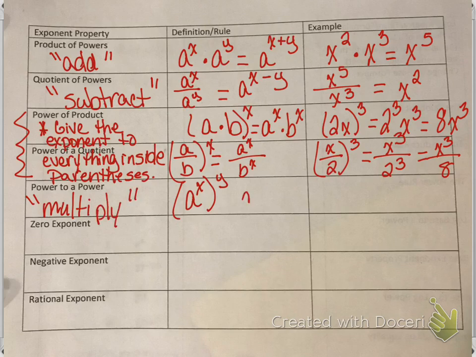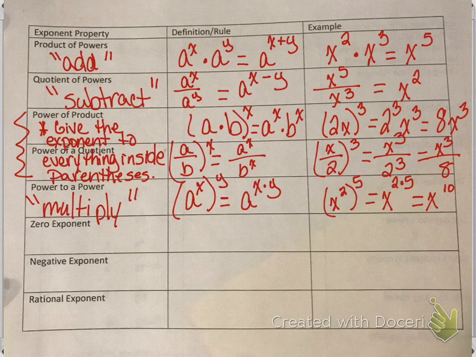So this is going to be a to the x times y. So if I have x squared raised to the 5th power, that's x raised to the 2 times 5, or x to the 10th. Okay?